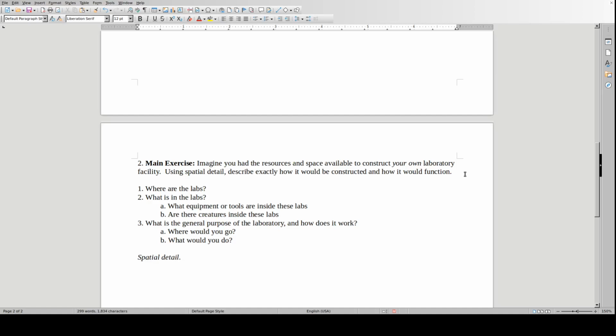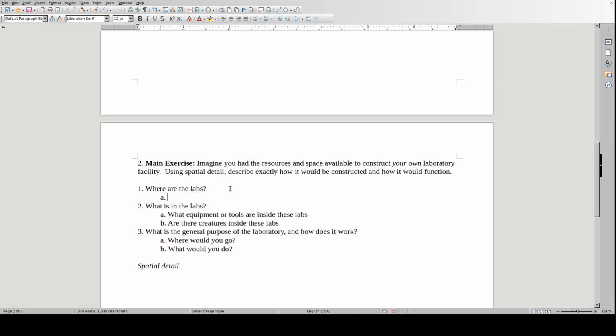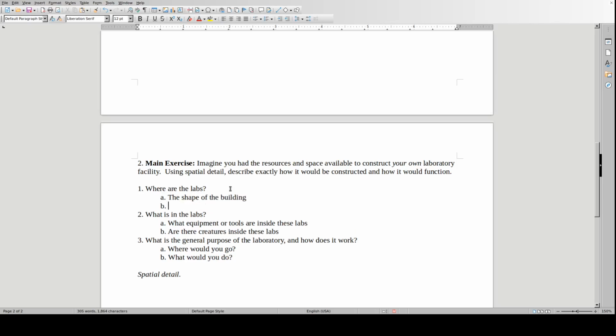Imagine a situation where you, in your imagination, construct the laboratory, and then you're describing where the labs are. Maybe you can talk about the shape of the building, so the reader gets a sense of where the labs are relative to each other, and then perhaps details like how large or small these labs are.